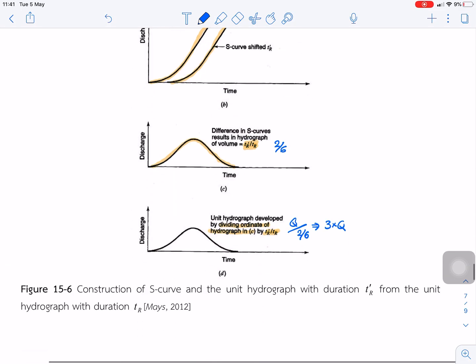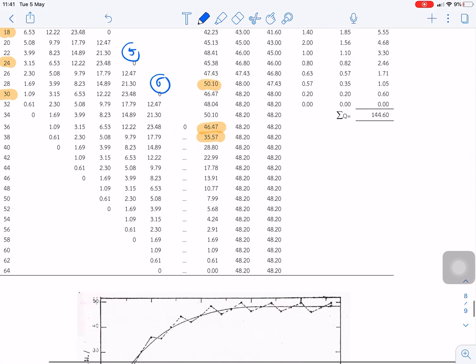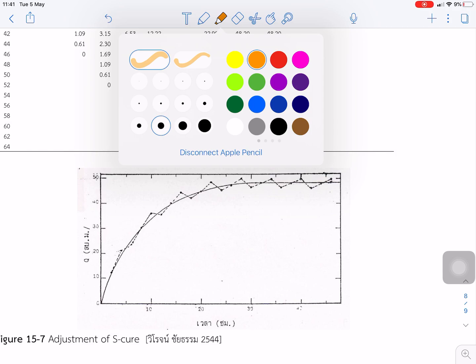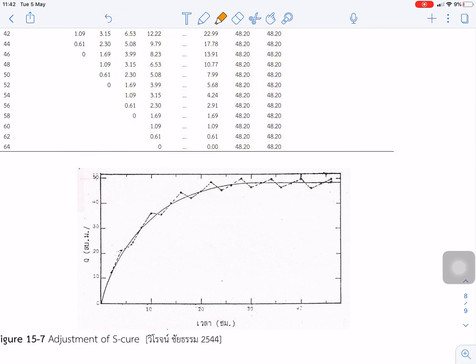Next we adjust the S curve. If you look at it, it's a zigzag curve, and we can adjust it to a smooth curve like this.